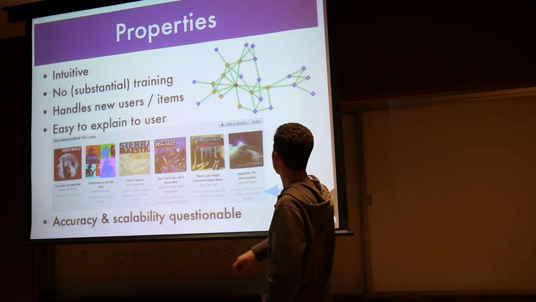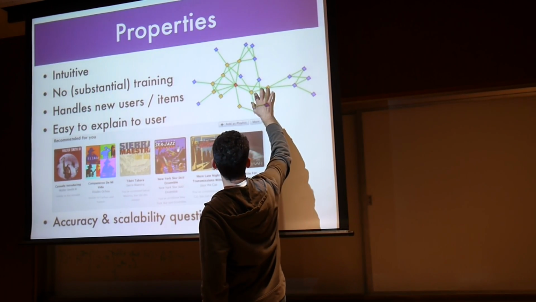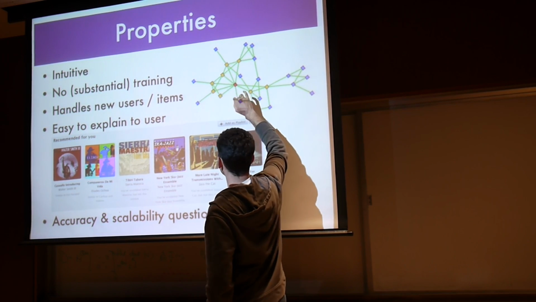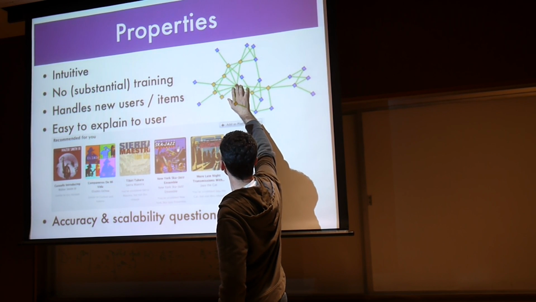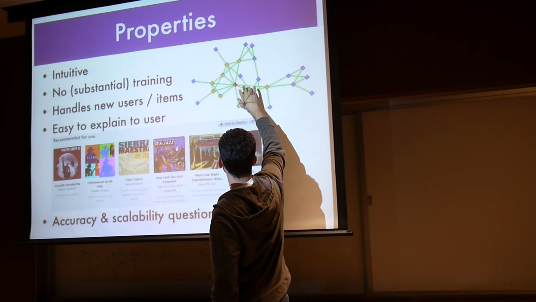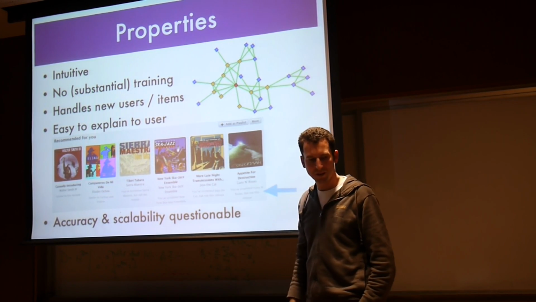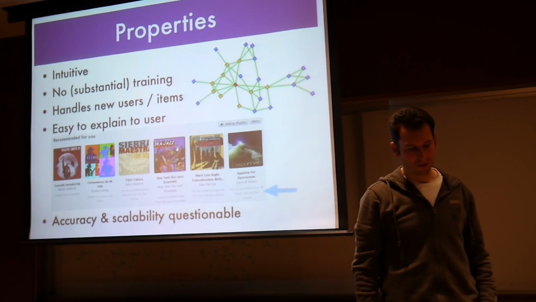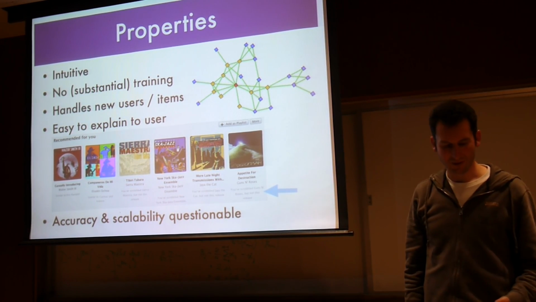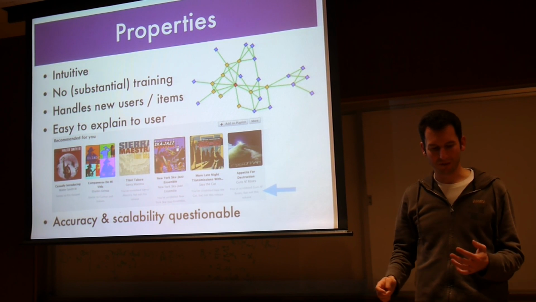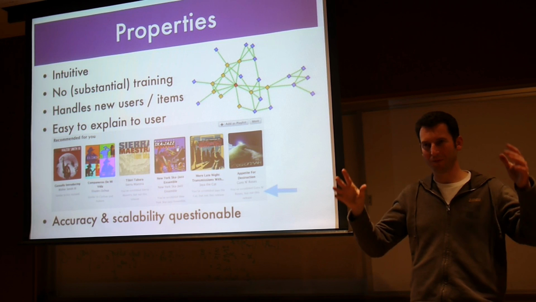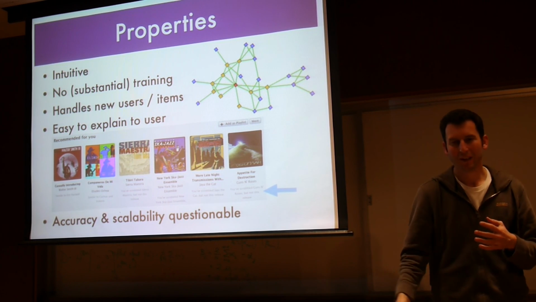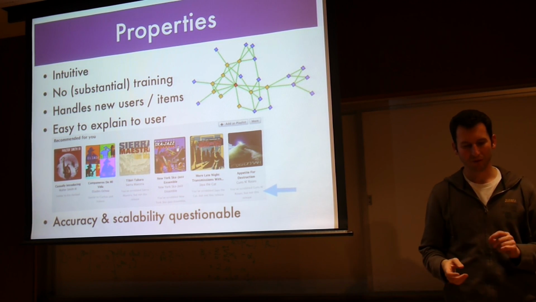If you think about it, this is where we are, these are the neighbors, the blue ones are the next ones out, so I want to find out what the score of this one is, given that I know all the blue ones. And it's very easy to explain to a user. It handles new items and new users very well, because as soon as I add them to the graph and they start watching stuff, I can easily propagate the information through.